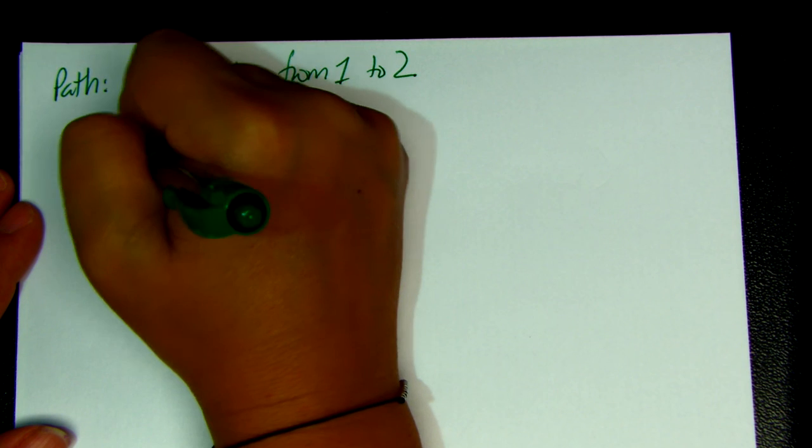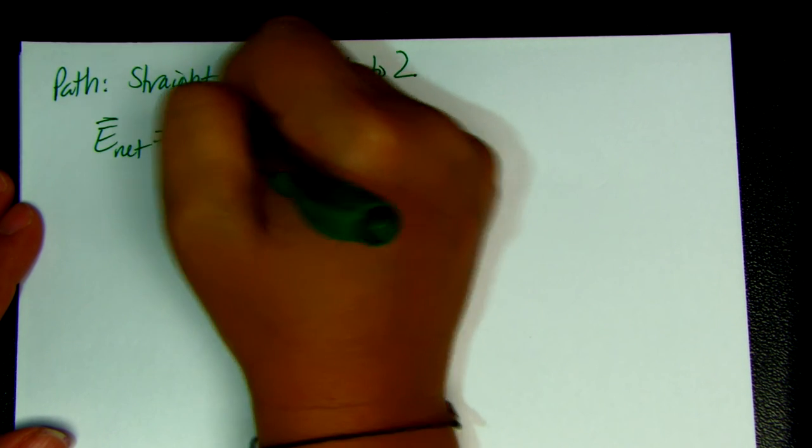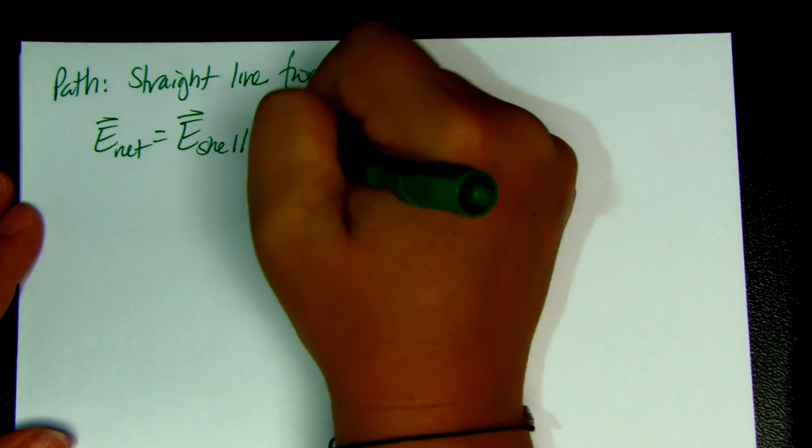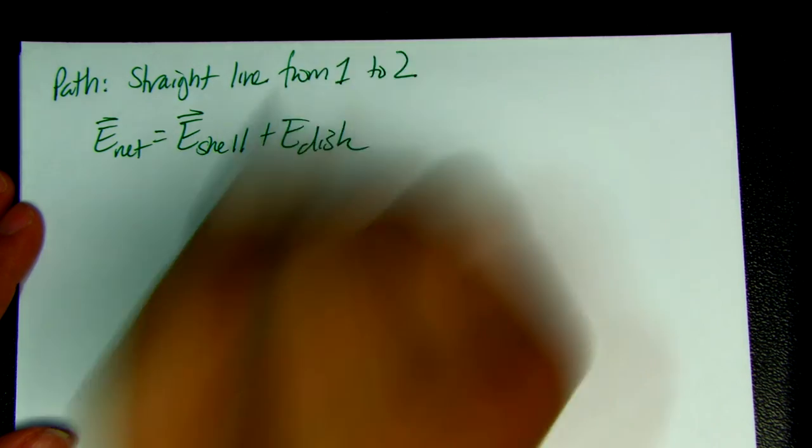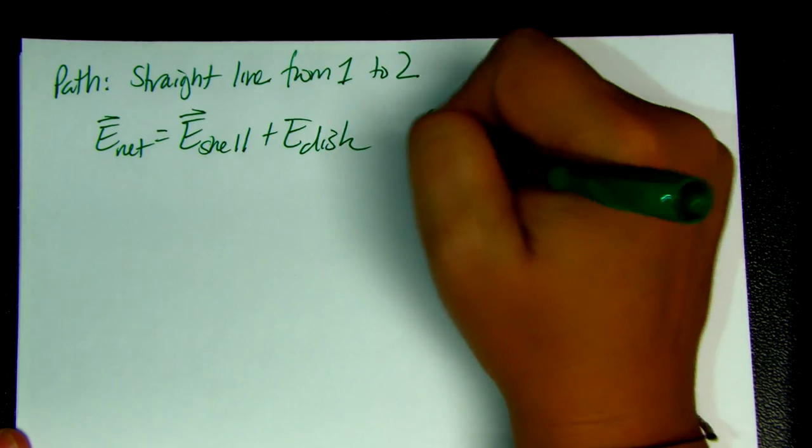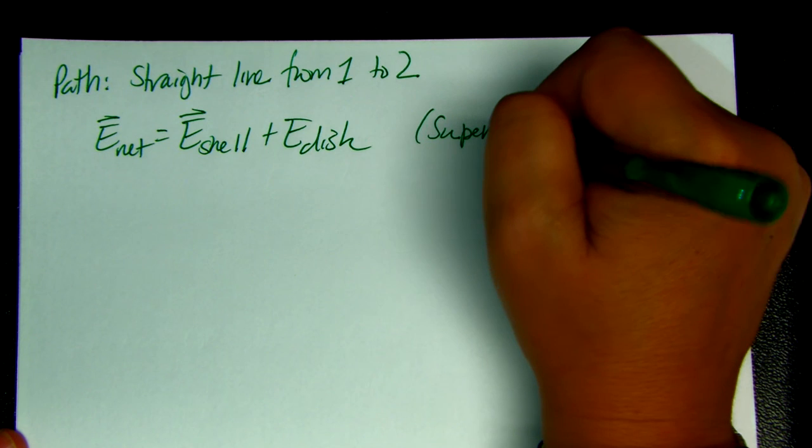So E net is equal to E shell plus E disk. And this is just our good old friend, the superposition principle.